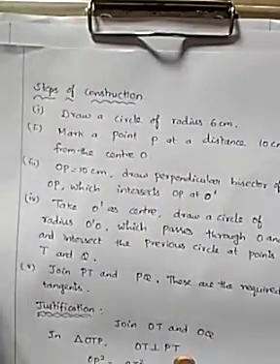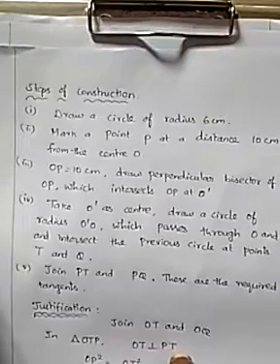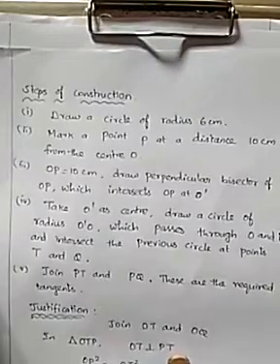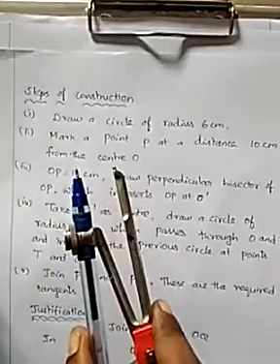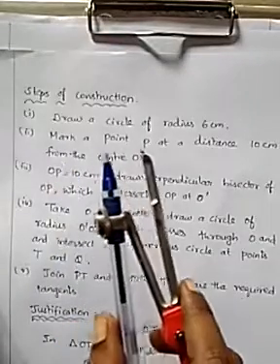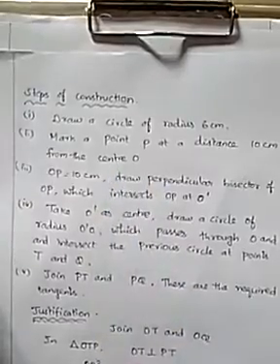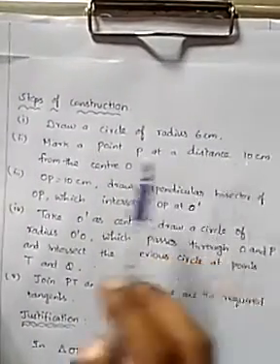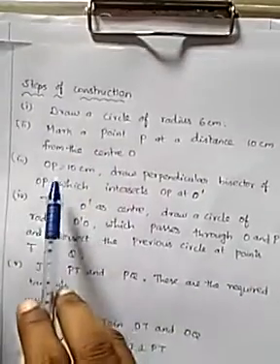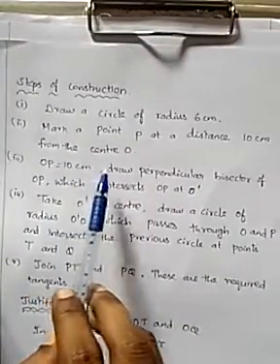Now see the steps of construction. Simply write whatever you did as the steps of construction. Draw a circle of radius 6 centimeter. Mark a point P at a distance 10 centimeter from the center O. OP equals 10 centimeter.